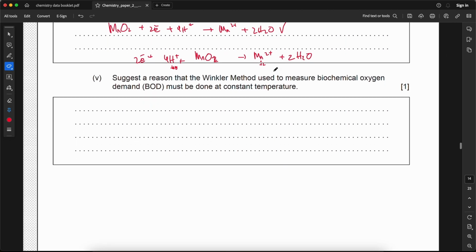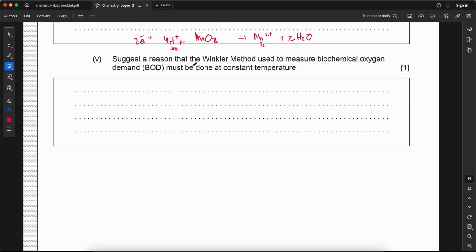Suggest a reason that the Winkler method used to measure biochemical oxygen demand must be done at constant temperature. So the rate at which bacteria grow or respire, or their respiration, depends on the temperature, because temperature affects metabolic process within the bacteria.